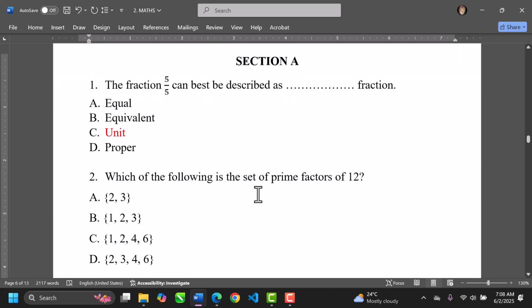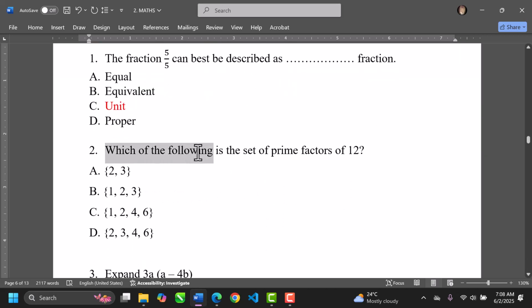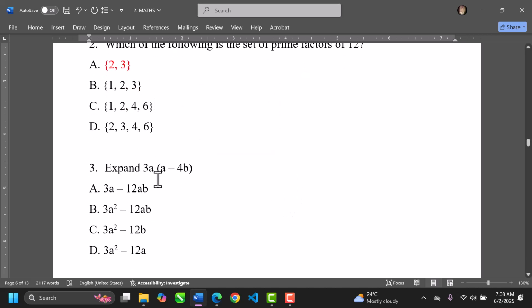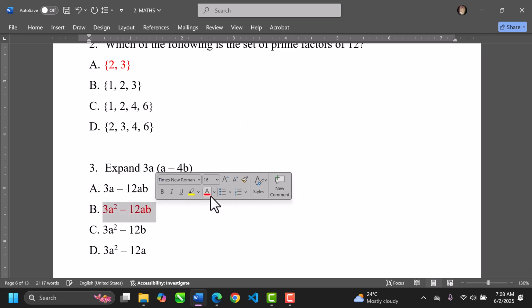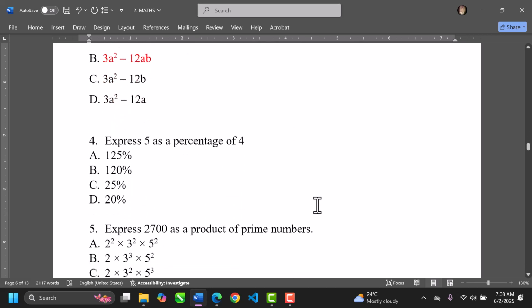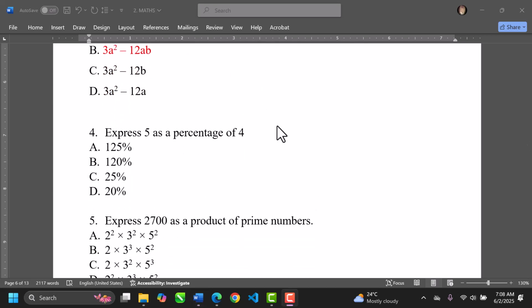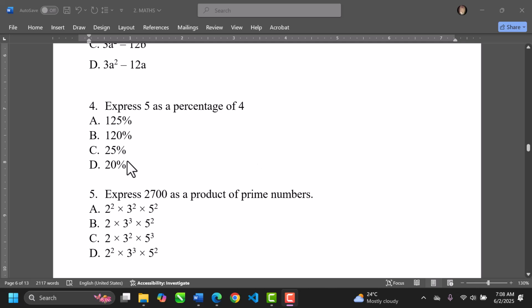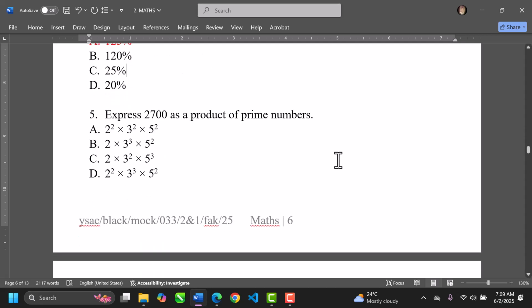Number two, look at the question very well. The answer is A. Number three, look at the question well. The answer is B. Number four, look at the question very well. The answer is A. Number five, look at the question well.